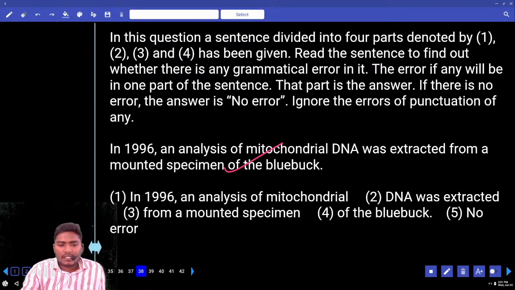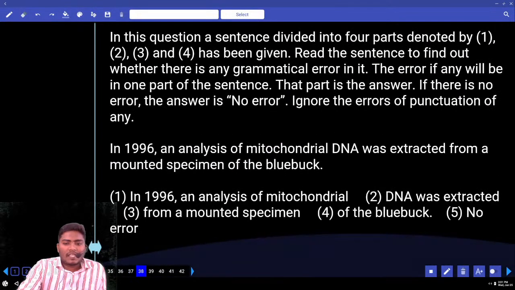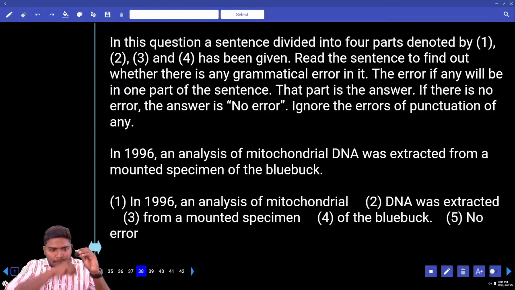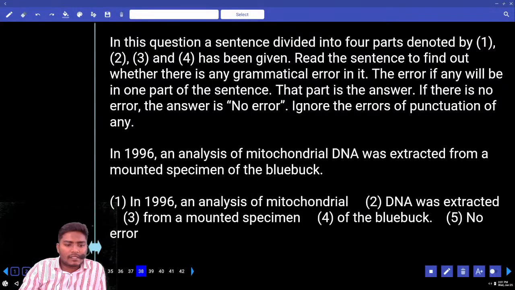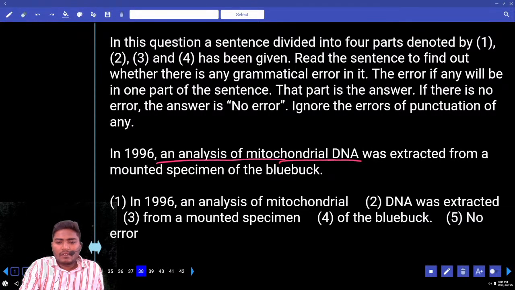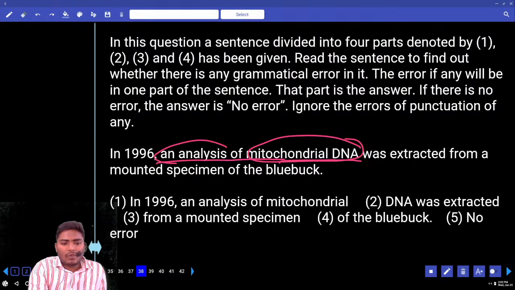Next, move to 38. In 1996, tell me the tense. Don't tell me past tense. Simple past tense. In 1996, an analysis of mitochondrial DNA, singular or plural? We have one more noun here. Now tell me what is your noun.